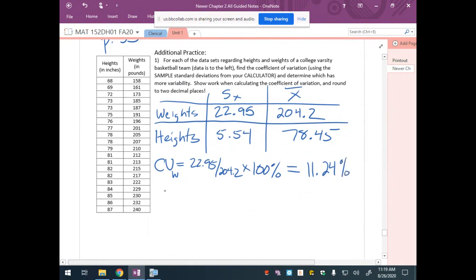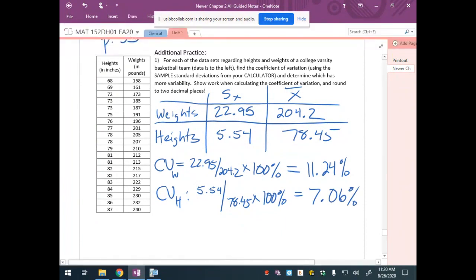Now, we'll do the same thing for the heights. 5.54 over 78.45 times 100%. We get 7.06%.